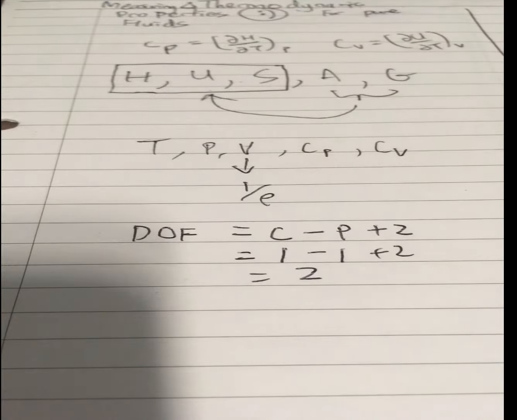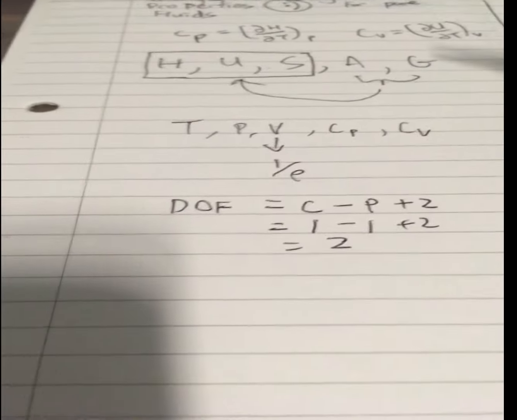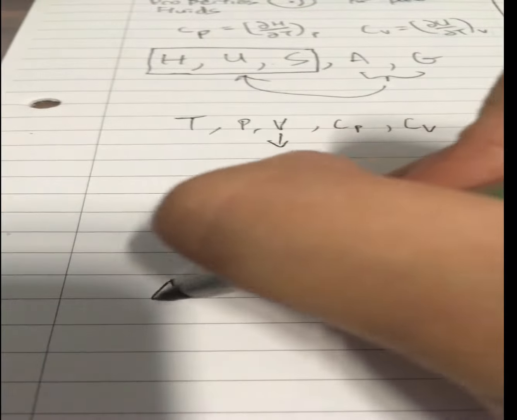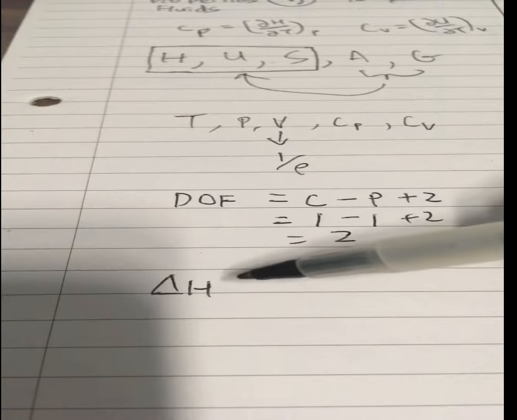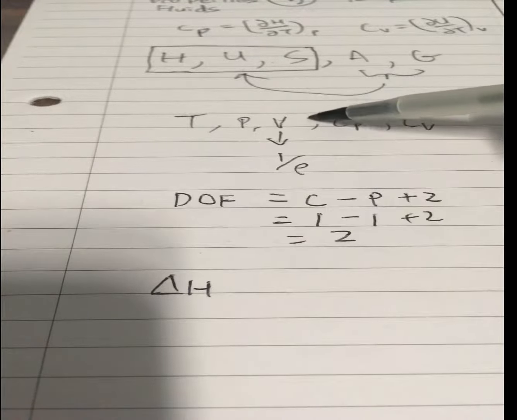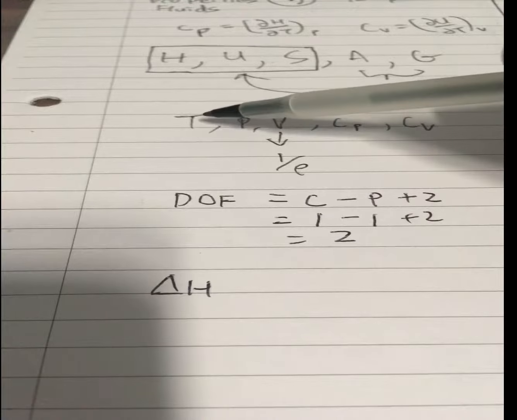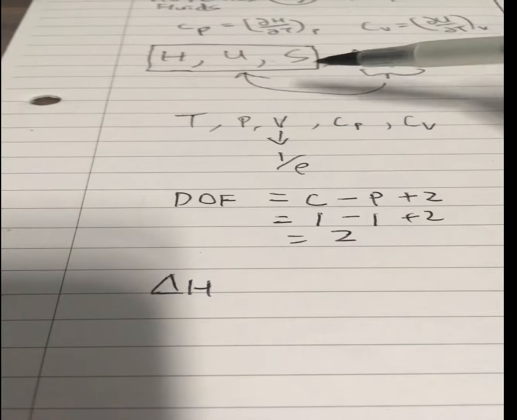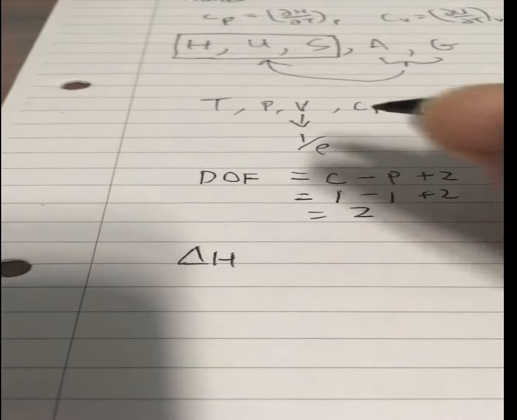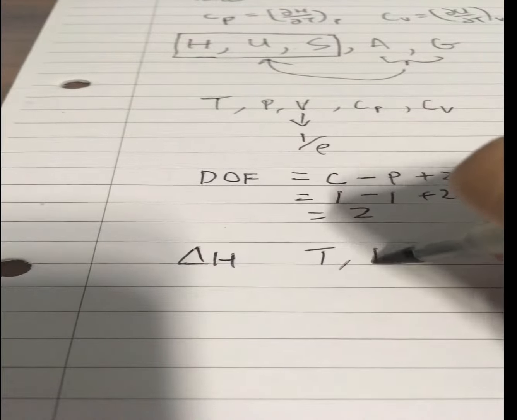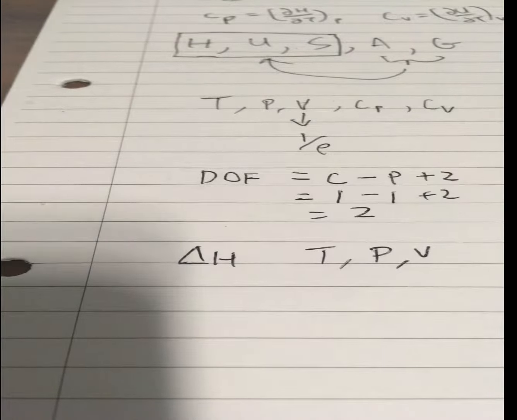So let's say you want to find something like enthalpy changes. So how are you going to start? Well, we can start by considering this. You pick any 2 out of these 5 things you can measure. We can usually measure T, P, and V quite easily.